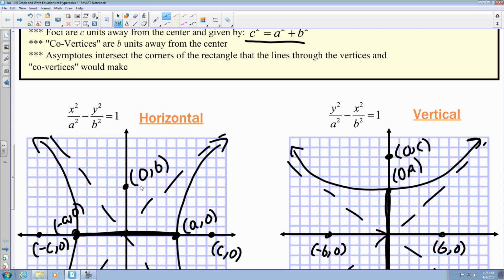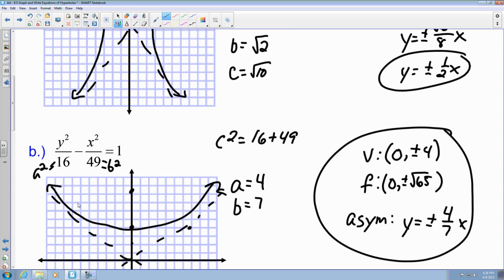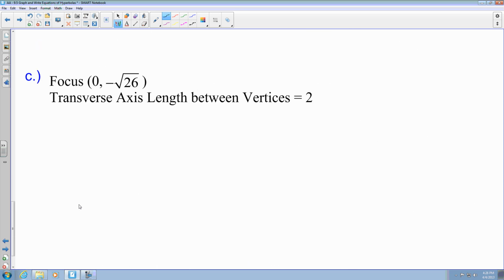It says that in both of these, the transverse axis distance is denoted as 2a. So if 2a equals 2, we divide both sides by 2, that means a must equal 1.